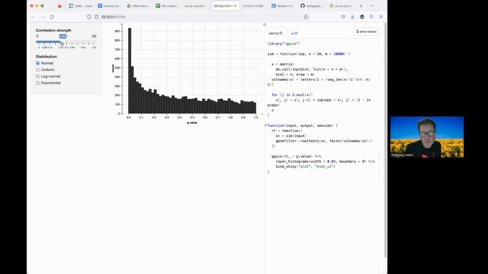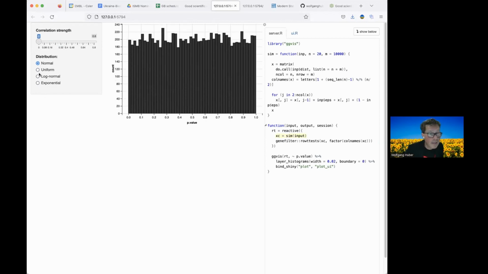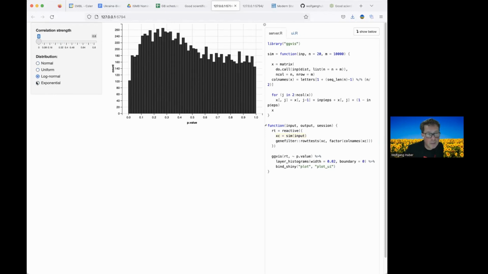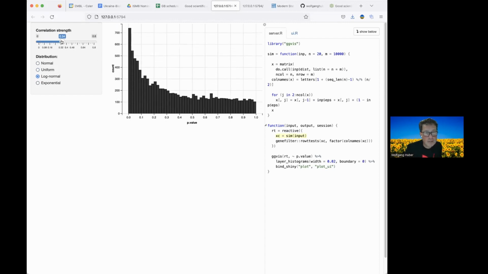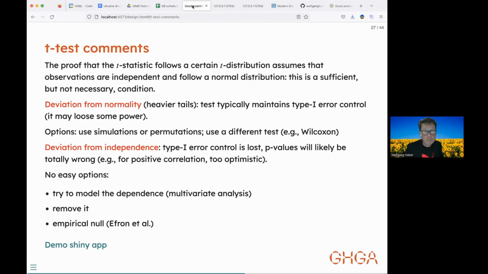Even the slightest correlation between data leads to an over-optimistic test and, in this case, invalid p-values. Whereas if I change the distribution of the data, log normal, exponential, uniform, whatever, the histogram hardly changes. There are a few small differences, but in any case I don't get this high enrichment of small p-values. Only correlations create a real problem.